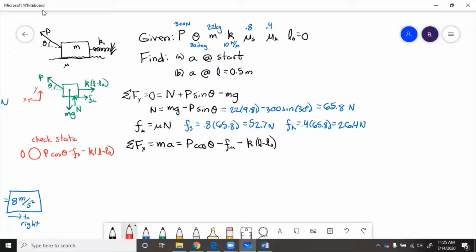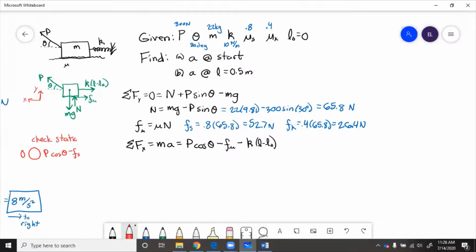Well, at the beginning, the bungee cord has not stretched at all. So before it started moving, there's no stretch. We can get rid of this. There is no force from the spring if the spring hasn't stretched any.